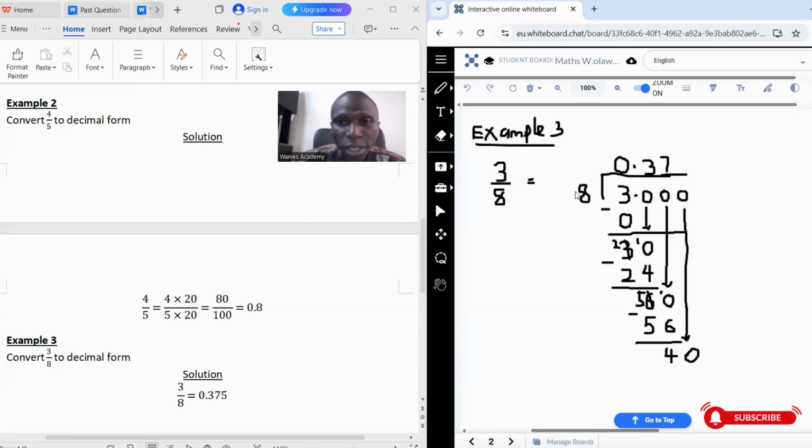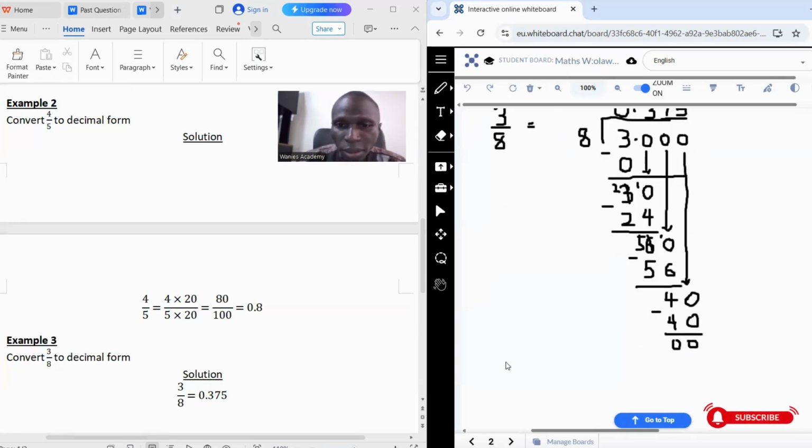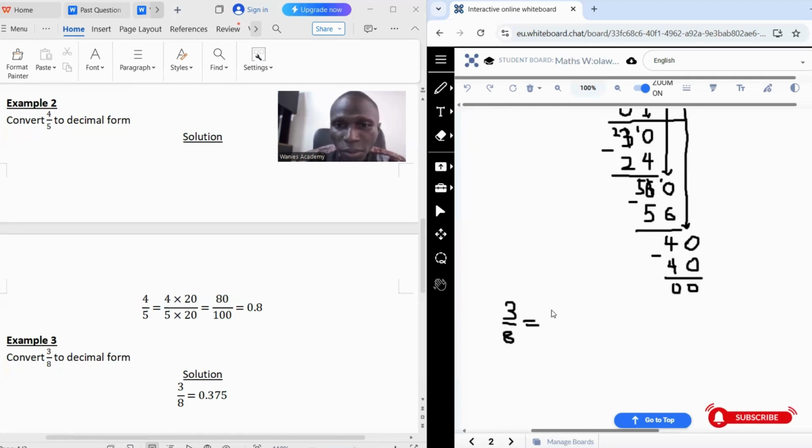Now 40 divided by 8 gives us 5, and 5 times 8 gives us 40. We subtract this: 40 minus 40 is 0. So 3/8 in decimal gives us 0.375.